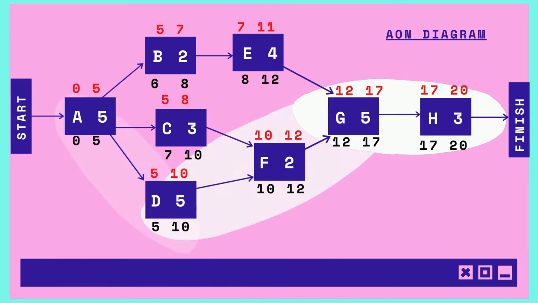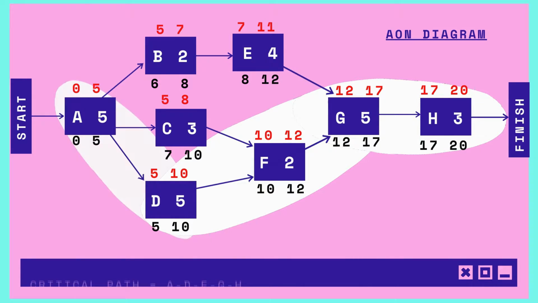As you can see, after activity A ends, B, C, D can start, and from B, activity E can start, and from C and D, activity F can start. When the last day of activity D is performed, F can start.